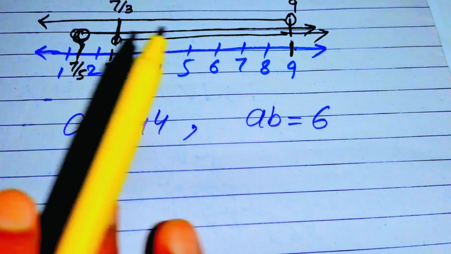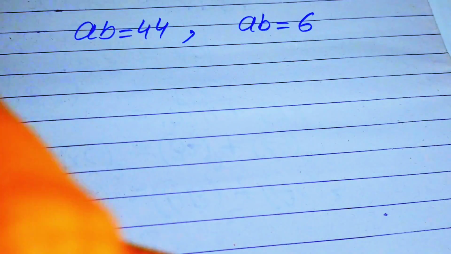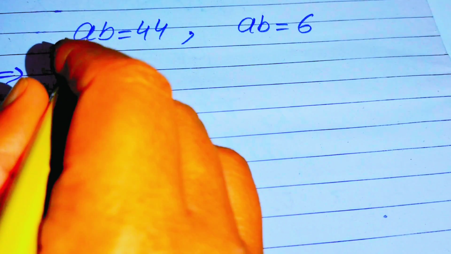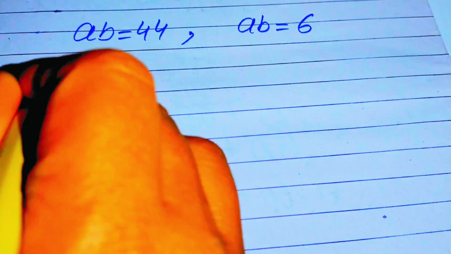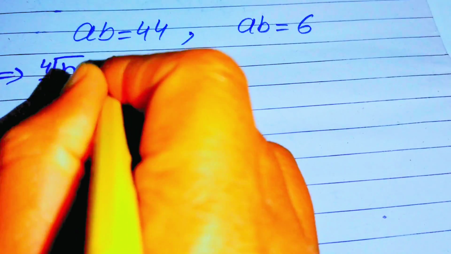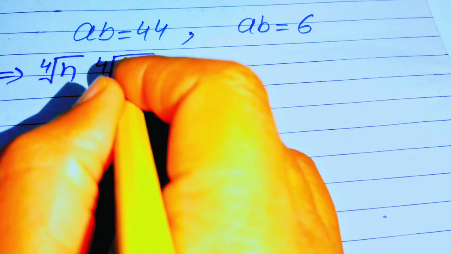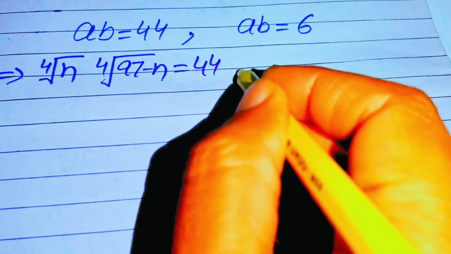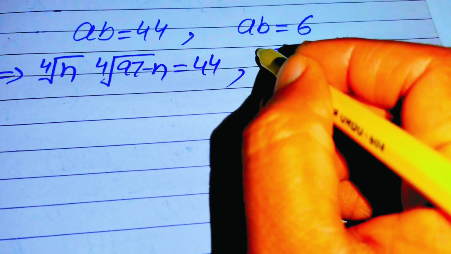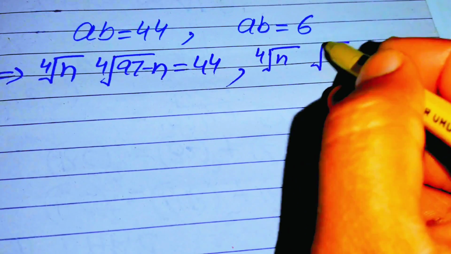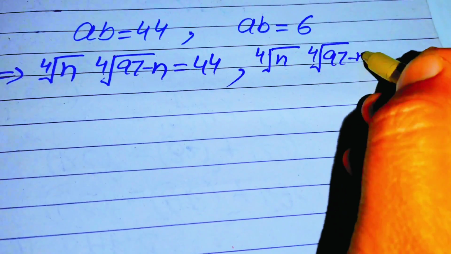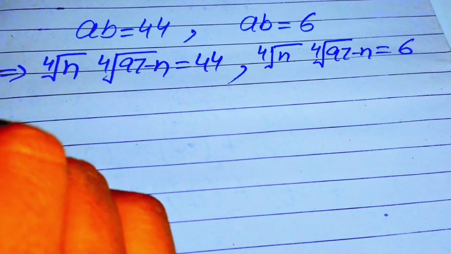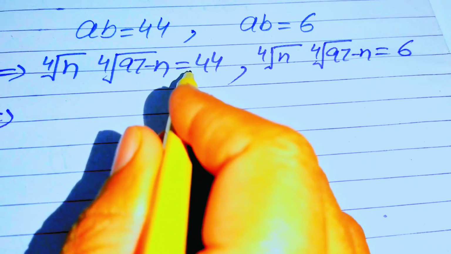So we put these values here and we get the 4th root of n times the 4th root of 97 minus n equals 44, and in this case the 4th root of n multiplied by the 4th root of 97 minus n equals 6.